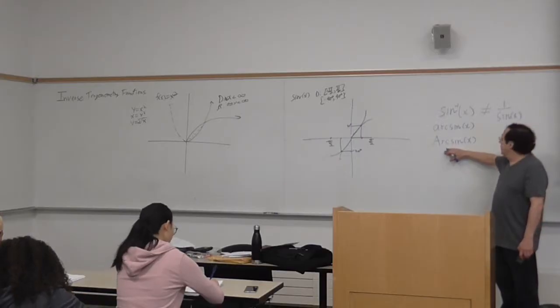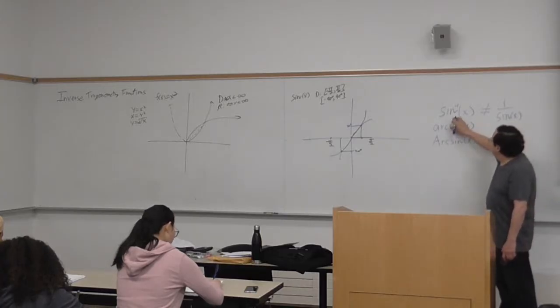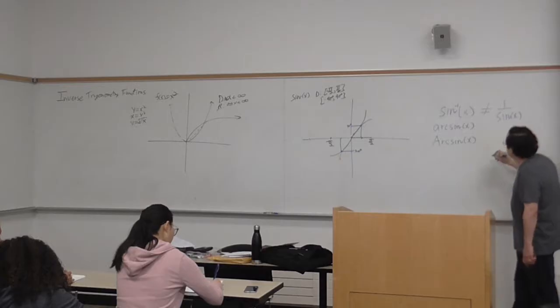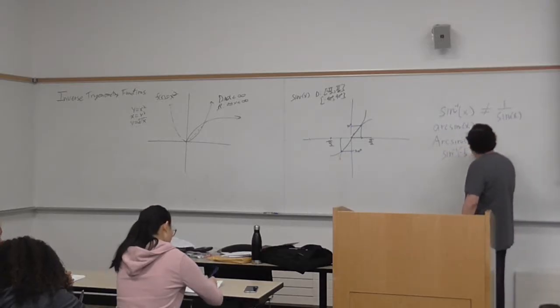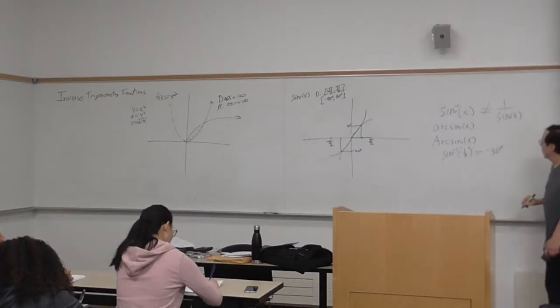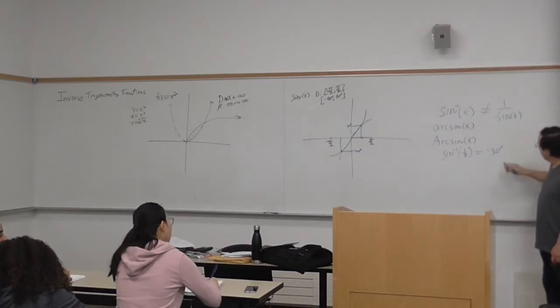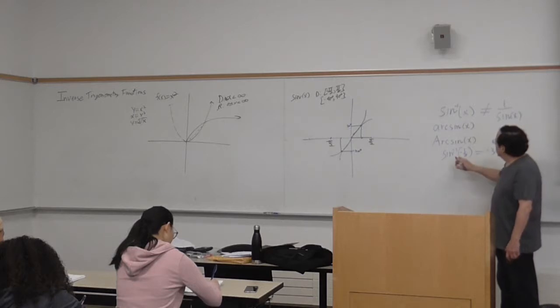This is a relation. So whereas the inverse sine of -1/2 is most definitely -30 degrees, or -π/6, same with arcsine of minus a half.